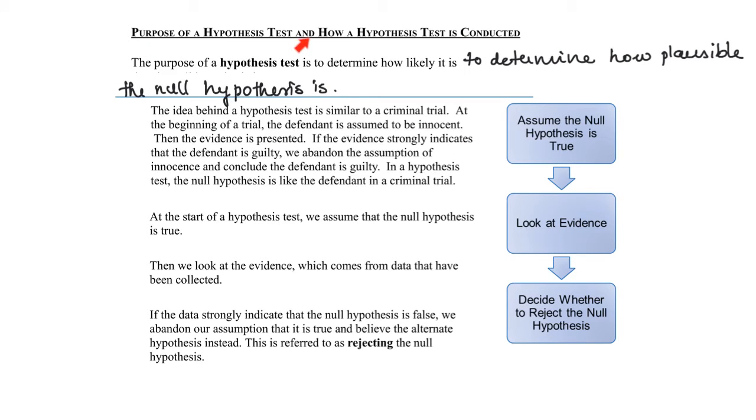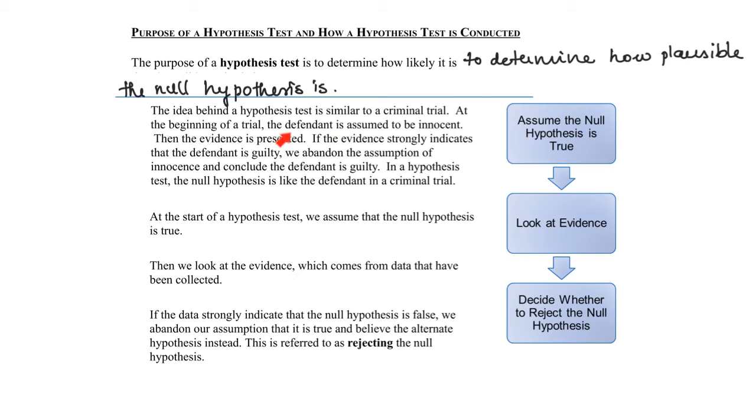Purpose of a hypothesis test and how a hypothesis test is conducted. The purpose of a hypothesis test is to determine how plausible the null hypothesis is. The idea behind a hypothesis test is similar to a criminal trial.